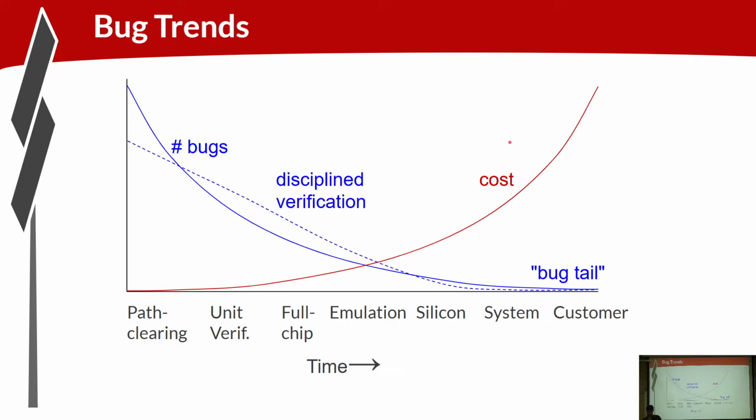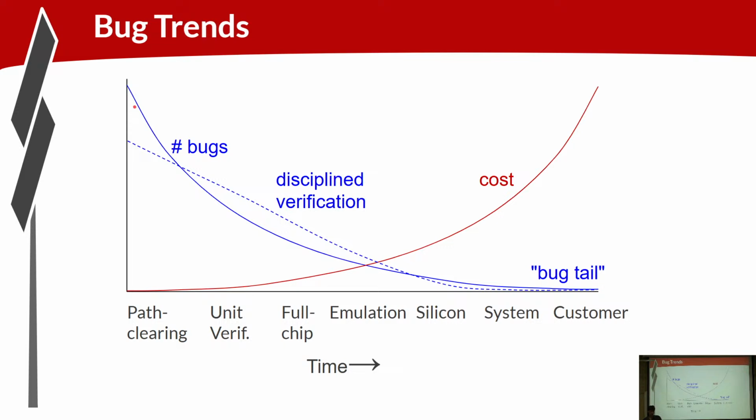The more disciplined you are about verification, the more this bug curve looks like this bug curve, right? Where if you're focused early on the robustness of your verification infrastructure, you're not spending as much time just trying to grab low-hanging fruit and identify bugs quickly.